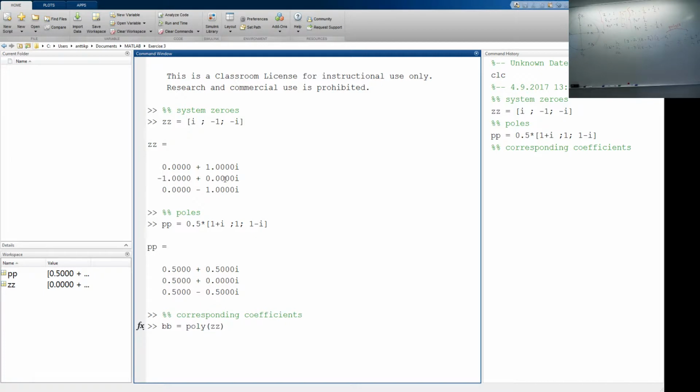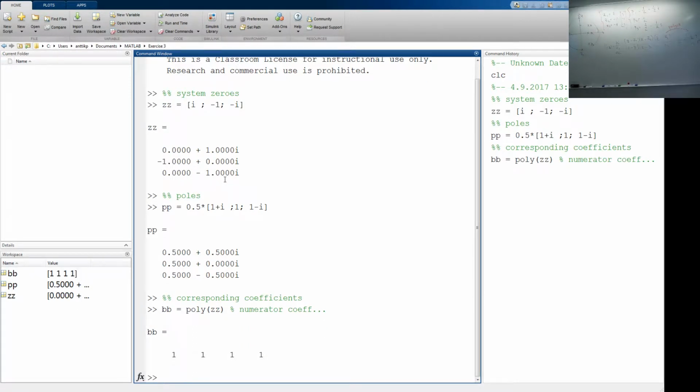Numerator coefficients are one, one, one, one. Yes, of course. Those are the same coefficients as you would have for 4-point running average. Only the scaling factor is missing. And for obvious reasons, from this picture you cannot see the scaling factor yet. So fundamentally the scaling factor would come here.